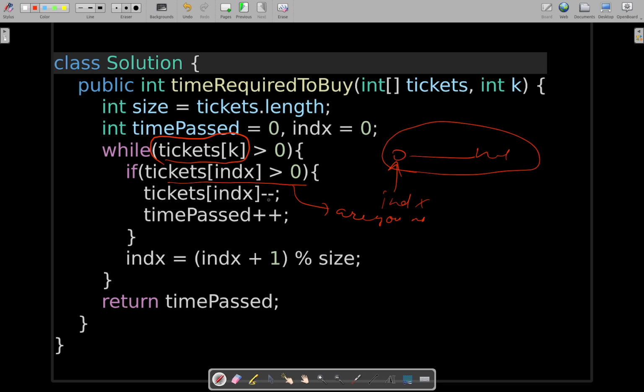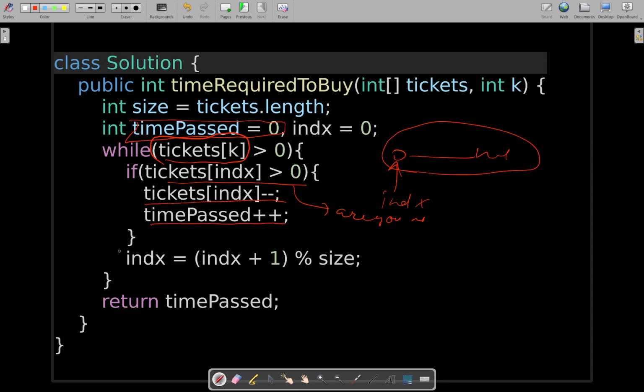Okay, then if he wants to buy some tickets, then we will decrease the number of tickets that he wants to buy. Obviously he will be buying one ticket at a time. And then we will have another variable that is time passed. As soon as someone buys a ticket, 1 second will pass, so we will increment this time variable.